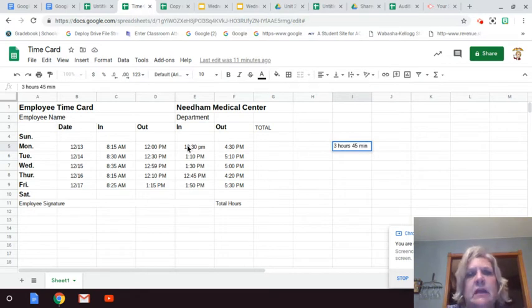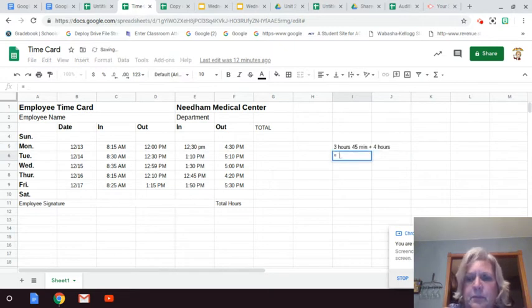Now let's look at the afternoon. 12:30 punched out at 4:30. This is a little easier: 12:30, 1:30, 2:30, 3:30, 4:30. That's 4 more hours, so we're going to add 4 hours. The spreadsheet doesn't like an equal sign.